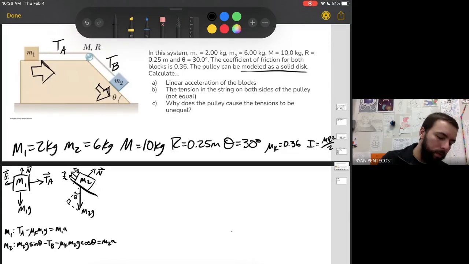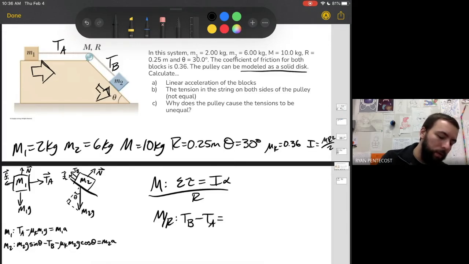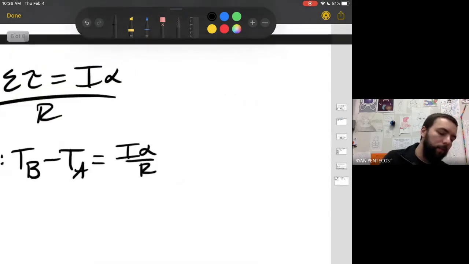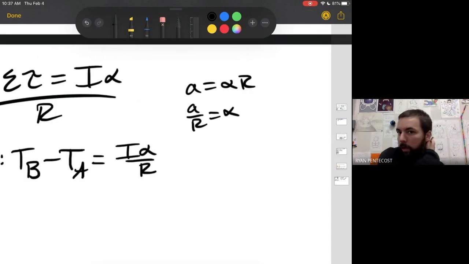For the pulley, the summation of torque will be I alpha, but remember we will divide all of that by R. So we've got forces over R. What's pulling it is the tension B. It is resisted by tension A, and that all equals I alpha divided by R. Now remember, if we want this in terms of A, we will have to use our bridge equation. So A divided by R is the alpha that we're substituting in.